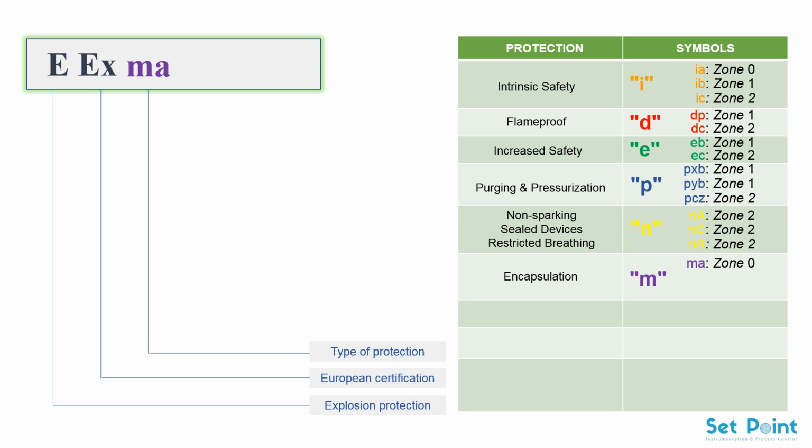There are MA for Zone 0, MB for Zone 1, and MC for Zone 2. Q is for powder-filled equipment and allows a product to be installed in Zone 1. O means oil-immersed equipment. OB is for Zone 1. And OC for Zone 2.